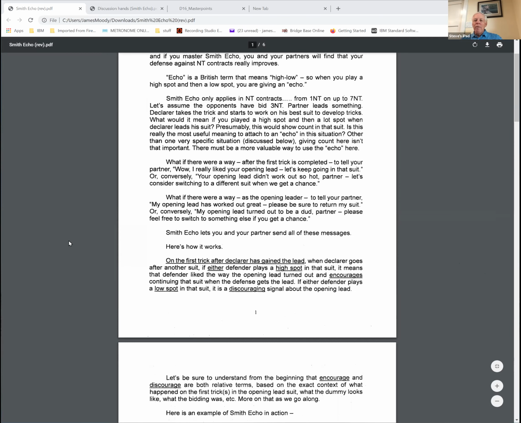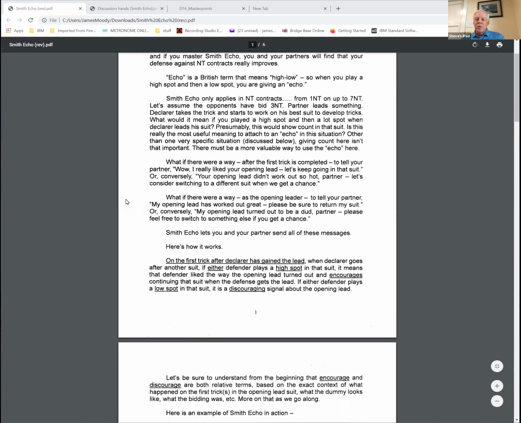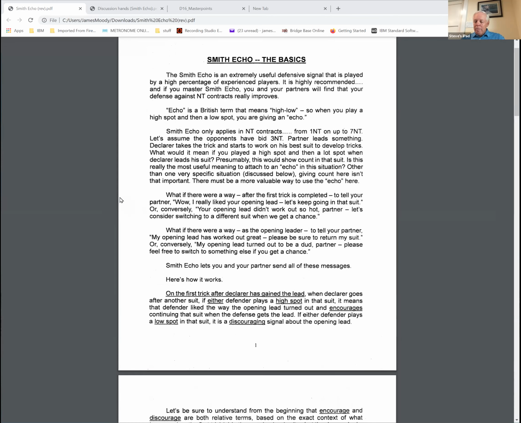Same way if you have something like Queen-x, King-x, Ace-x, where you don't have any flexibility. In those scenarios, Smith Echo is off. You just don't have the cards to send the message. So there you go. It doesn't apply.